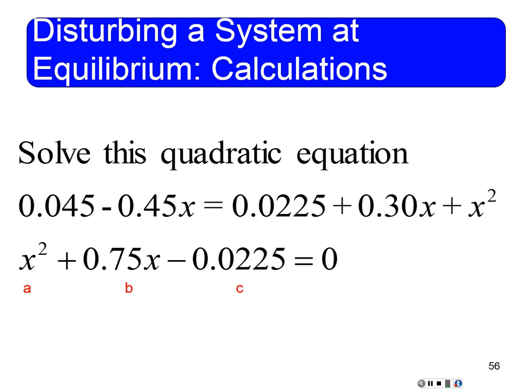So if you don't get it right, just circle it, and we'll come back to it. So you should get an x squared, an x, and then just a numeric value equal to 0.